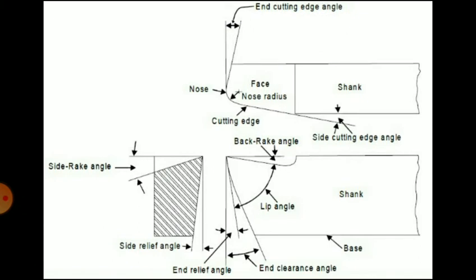It is the angle between the face of the tool and a line parallel to the base of the tool, measured in a plane perpendicular to the base and the side cutting edge. That is called the side rake angle. This angle is positive when the slope is away from the cutting edge and is negative when the slope is towards the cutting edge.